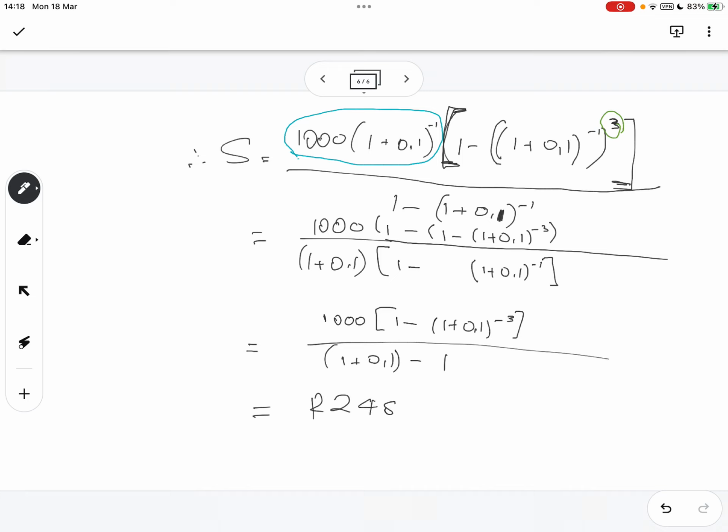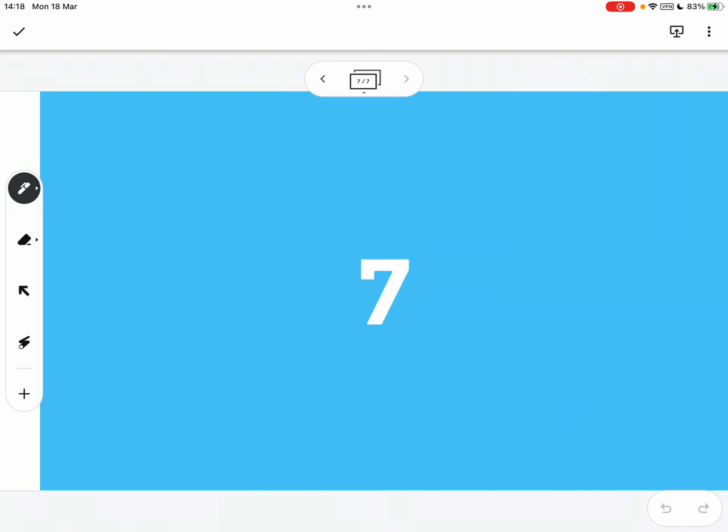And this is 2486.85. But now this amount is actually the accumulated amount.